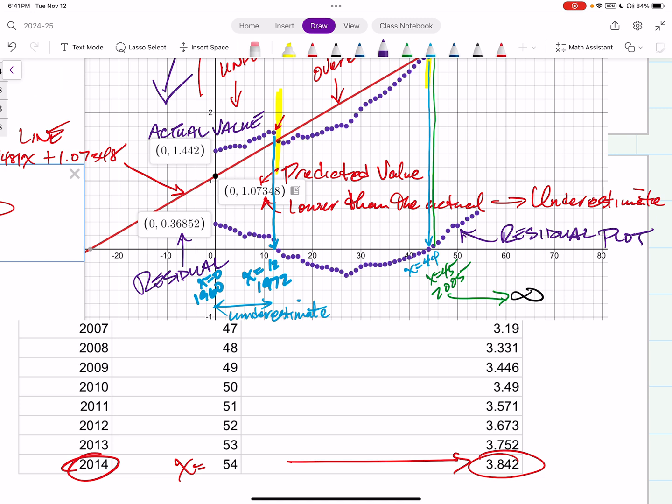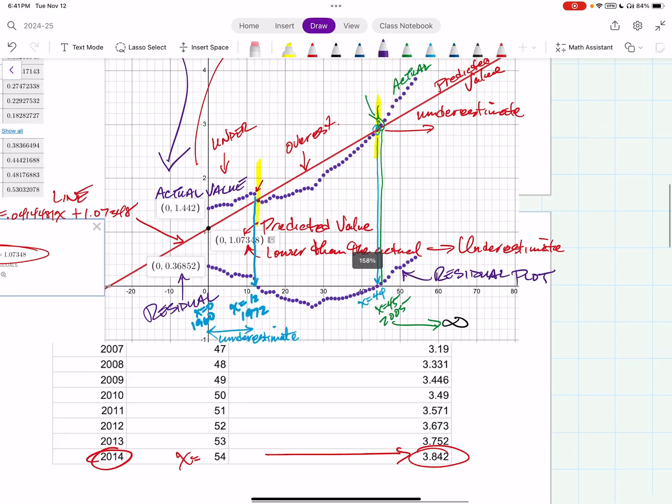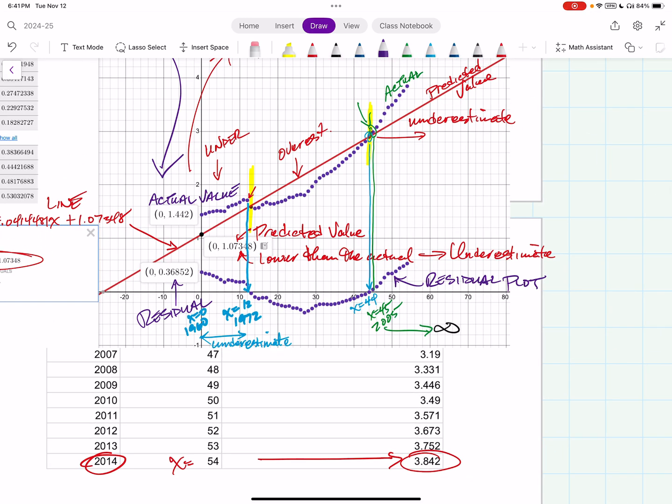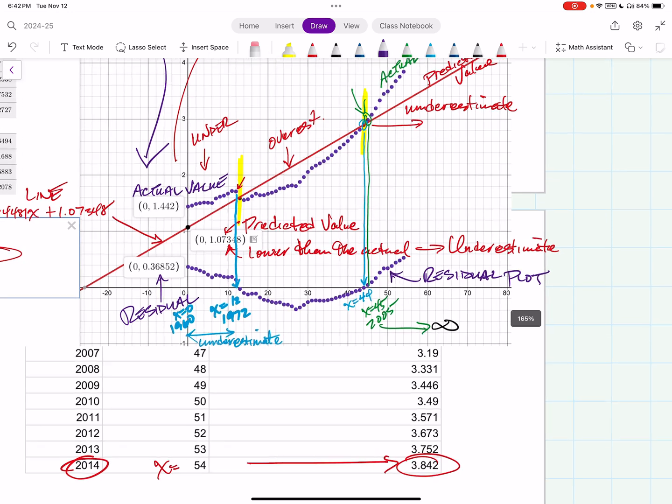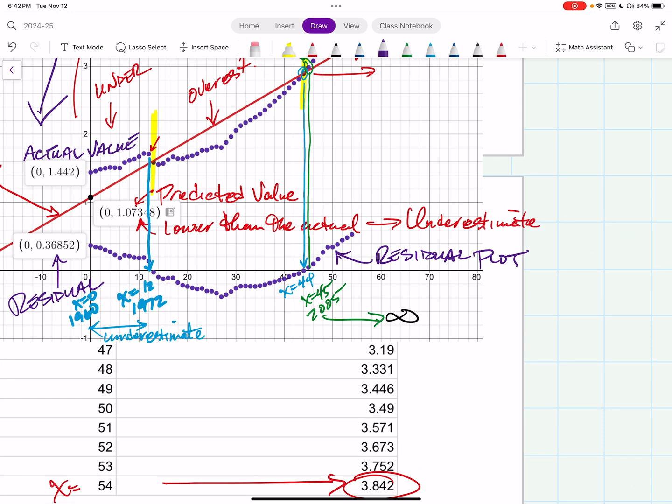Okay, it should look random. Like if the regression line actually went through the points, some should be above and some should be below, not like this. So if the residual plot shows a pattern, and this is a parabolic pattern by the way, because it kind of looks like this. Okay, look at that.